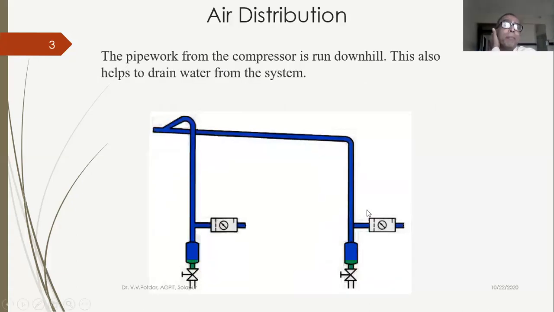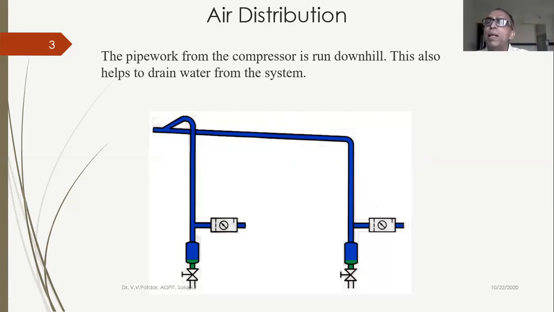Then we have the piping network from the compressor, which is used for connecting the remotely placed pneumatic power supply. In a typical industrial environment, if you try to visualize, you have big air compressors placed somewhere near your utilities section, where there will be an electrical generator plus air compressor plus hydraulic power pack.